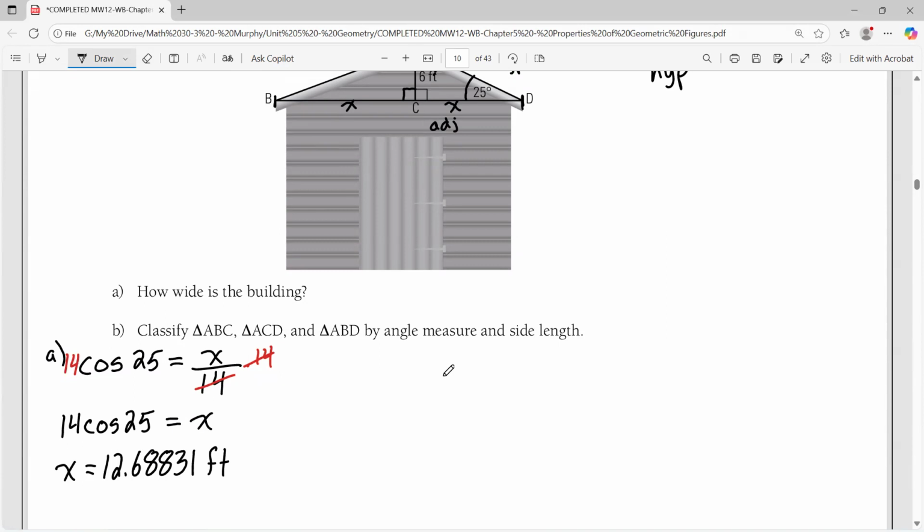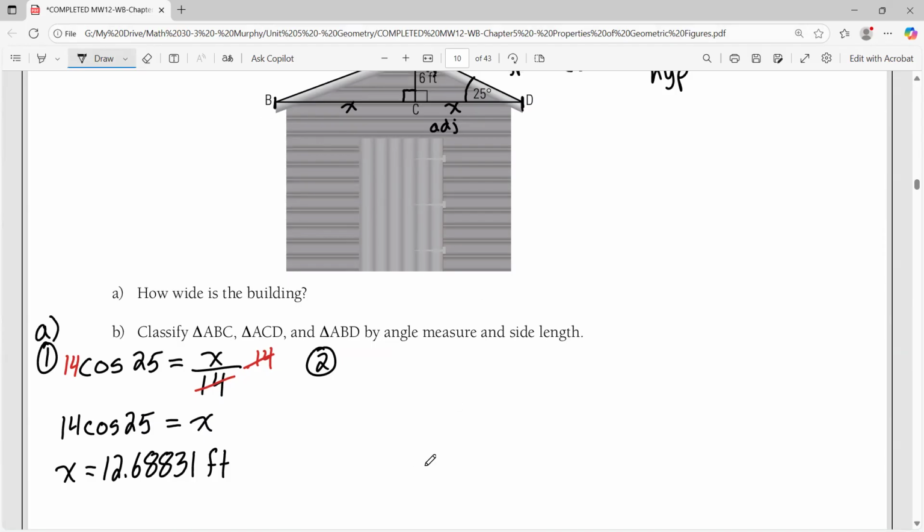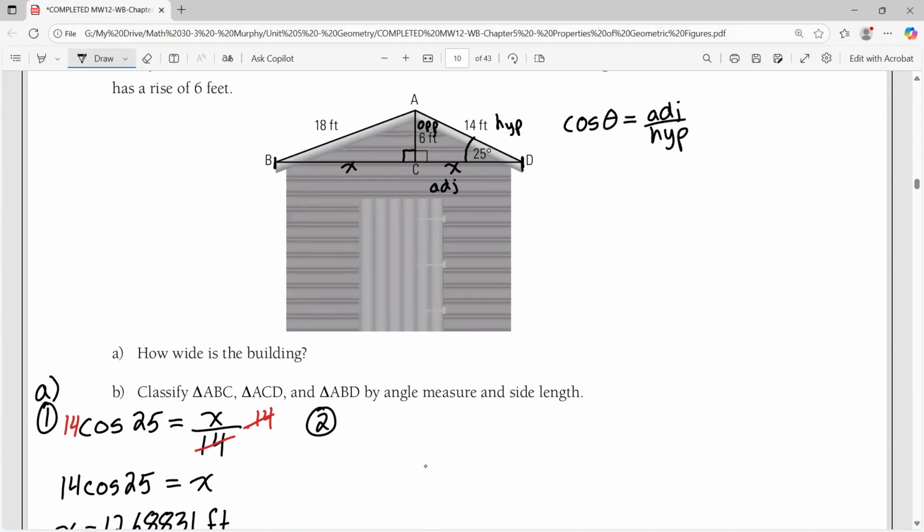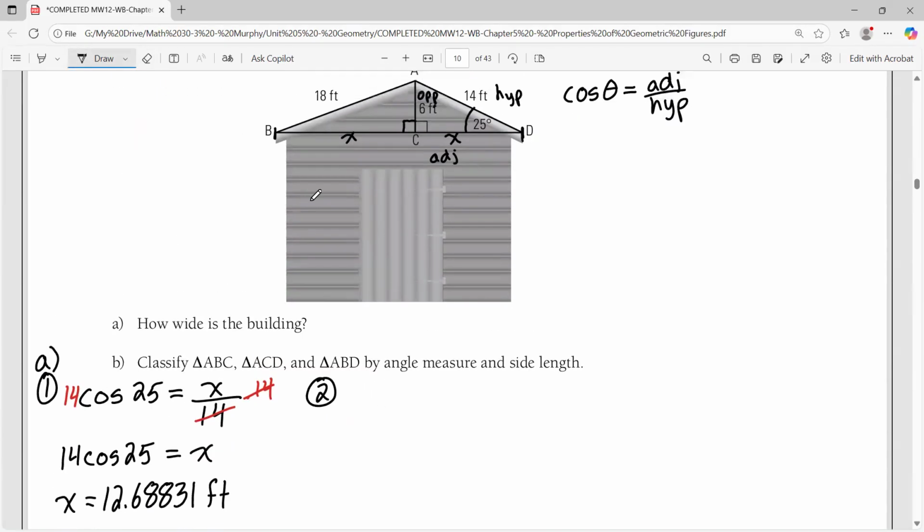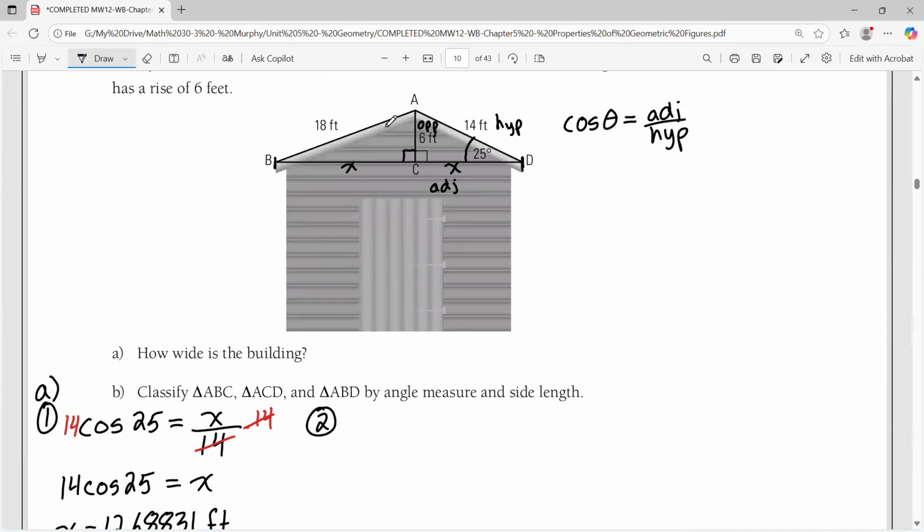Okay, now number 2, or step 2. Just going to rewrite this here. So this is step 1. Okay, number 2, to find from B to C, not B to D. We're going to use Pythagorean theorem because we don't have any of the angles to use any of the SOHCAHTOA fractions.